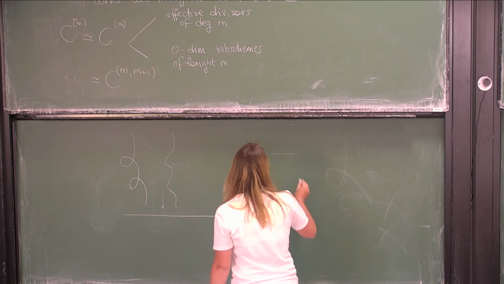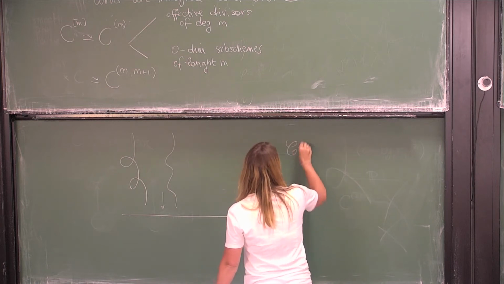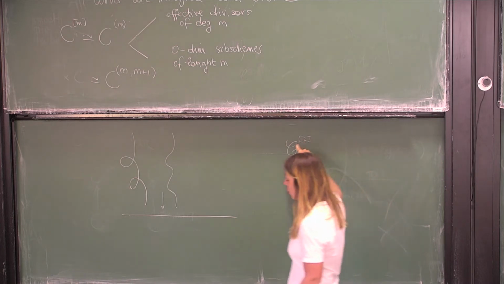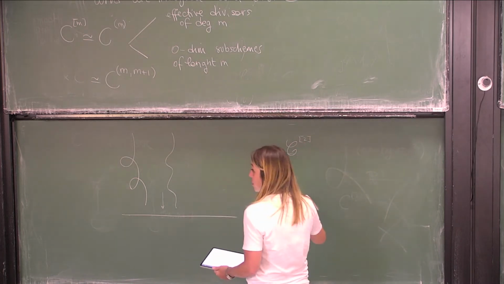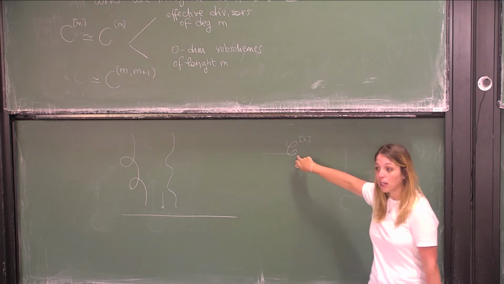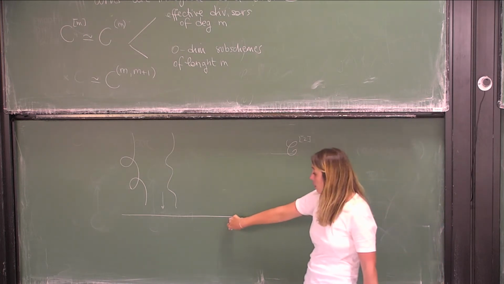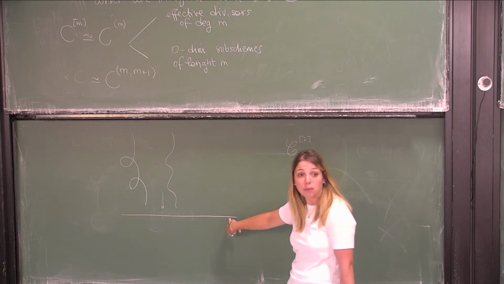But now let's consider the relative Hilbert scheme of length 2. If we look at the tangents, this one is a variety which has dimension 3 because it has a 2-dimensional fiber times the 1-dimensional base.